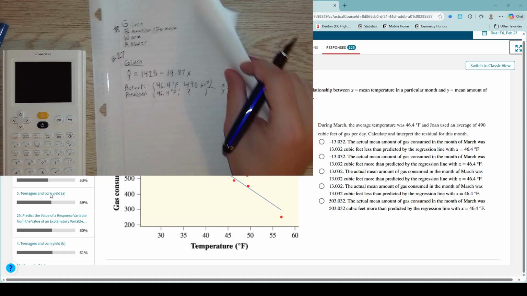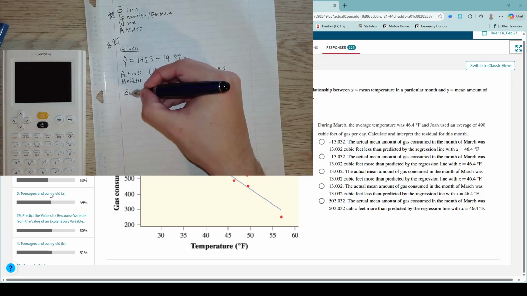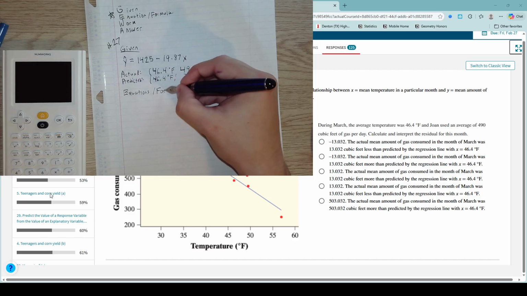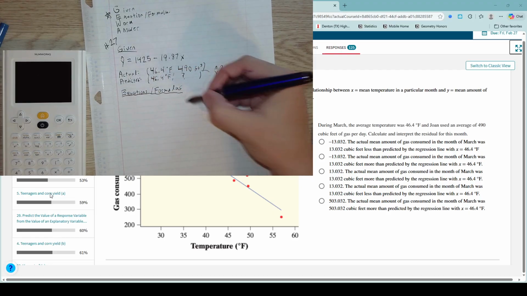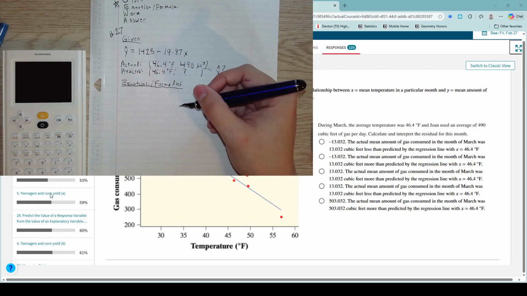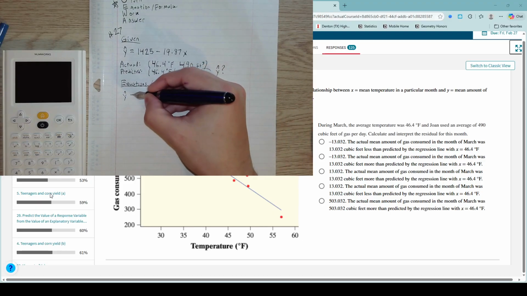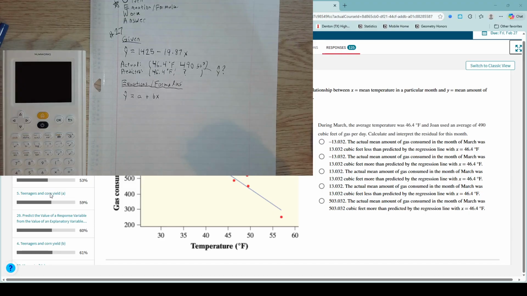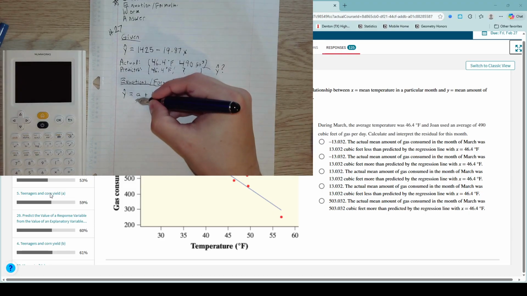Now, we're going to write down any equations or formulas that we might need. Now, I can see one right away. I know from my notes that y hat equals a plus bx, right? So what is a? A is our y-intercept.